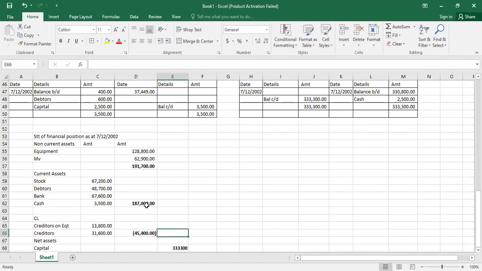So what is 187 minus this? 141,600, right? Yes. 141,600, and then I had this figure. Has it balanced? Yes.